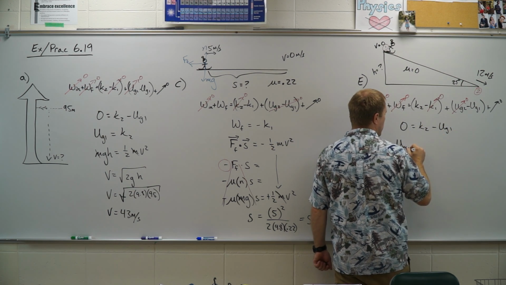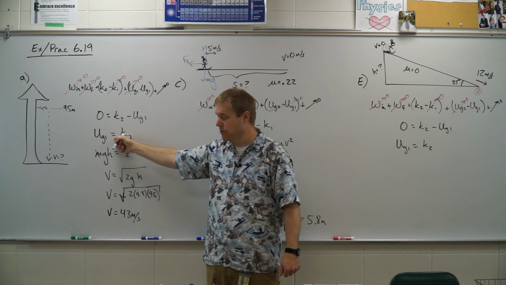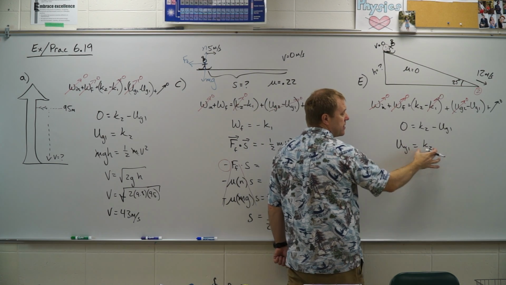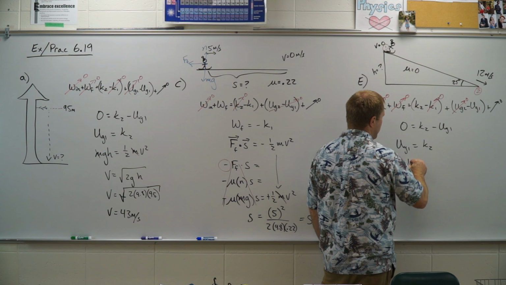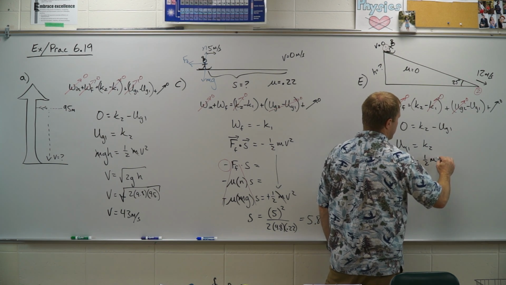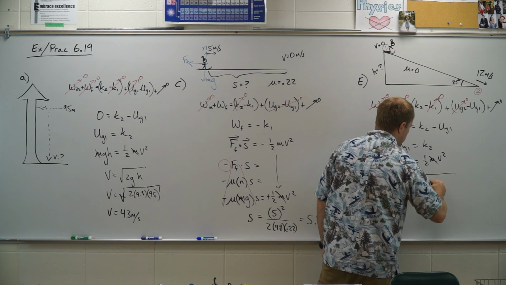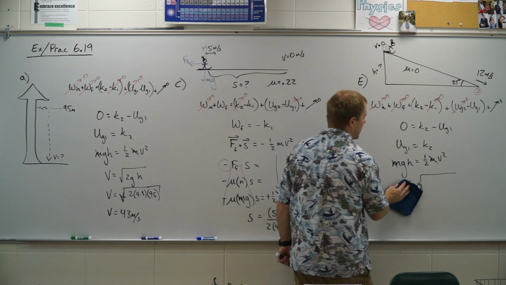So I have UG1 equals K2. Now this is pretty familiar to that one there: all of the potential energy we start with turns into kinetic energy at the end. So I have mgh equals 1/2 mv squared. My m's cancel, my v is equal to the square root of 2gh. Whoops, I solved the wrong thing. We are solving for height.